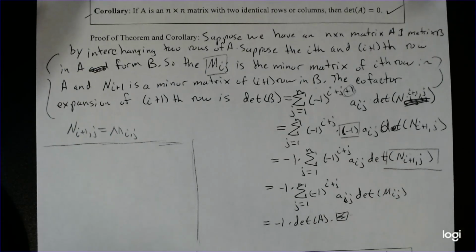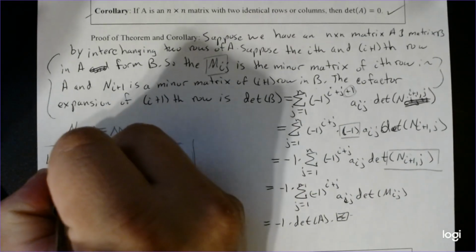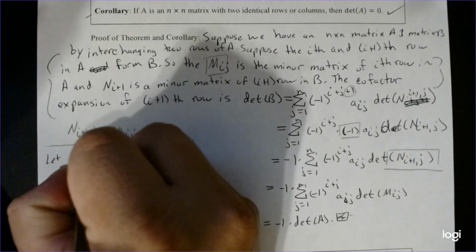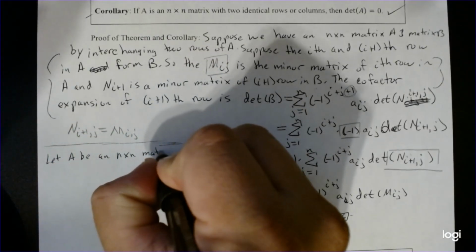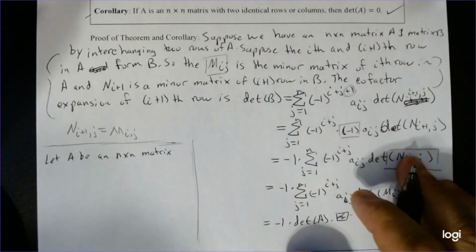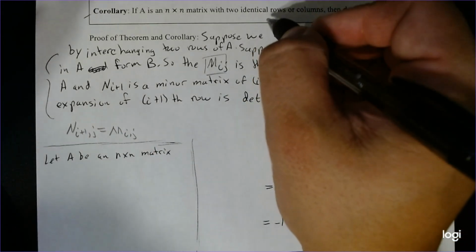So the corollary says if A is an n by n matrix with two identical rows or columns, then the determinant of A is 0. Okay, so I think I have enough space right here. We'll do the same thing.